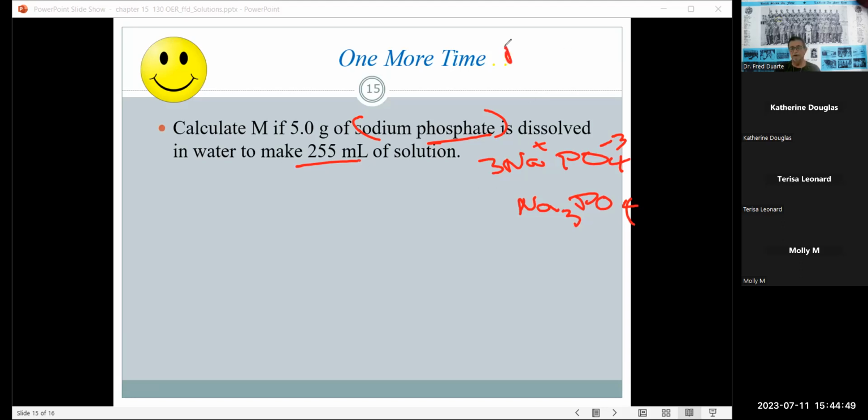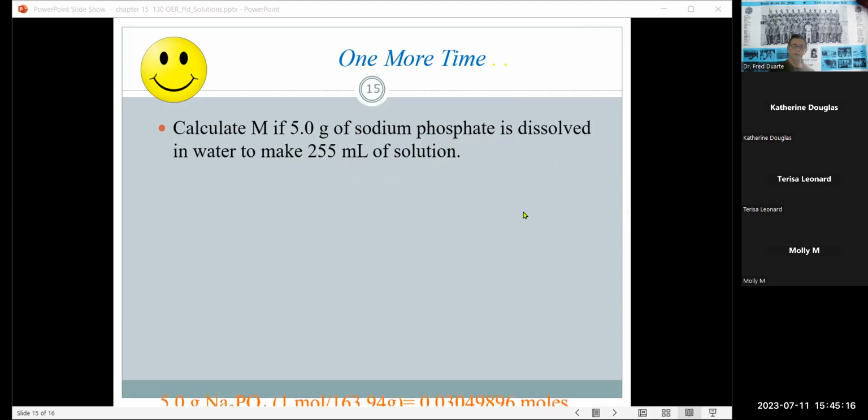Remember that molarity has the units of moles per liter. So we're going to need to convert those milliliters to liters. And we know that 1,000 milliliters is equal to 1 liter. Okay, so here's a conversion factor right there.